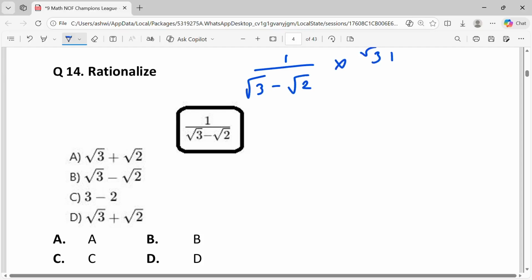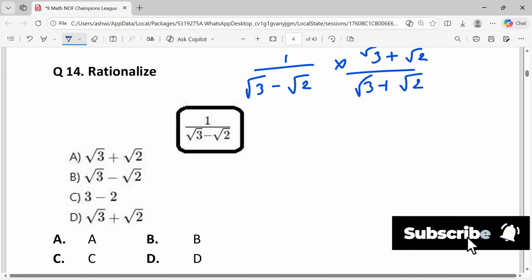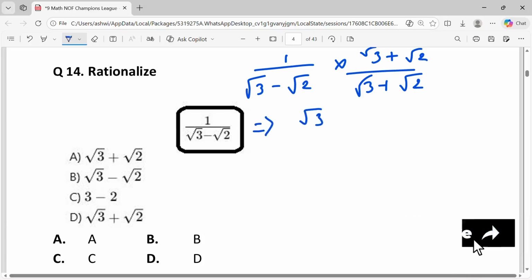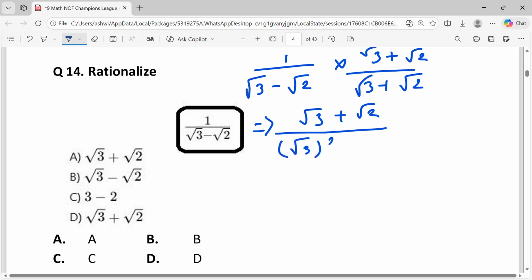root 3 plus root 2 upon root 3 plus root 2. That is root 3 plus root 2 upon root 3 square minus root 2 square.